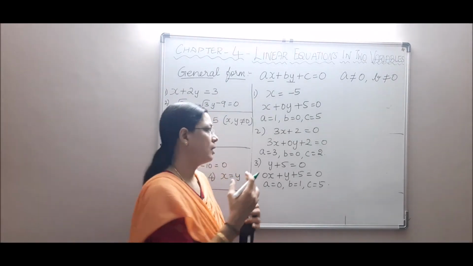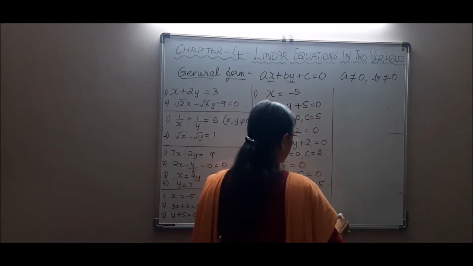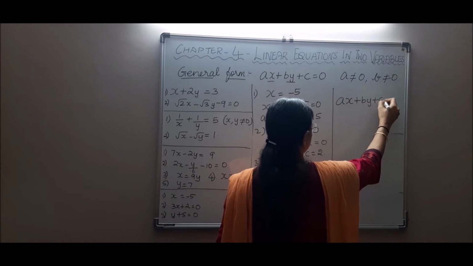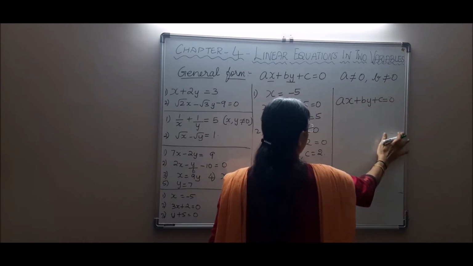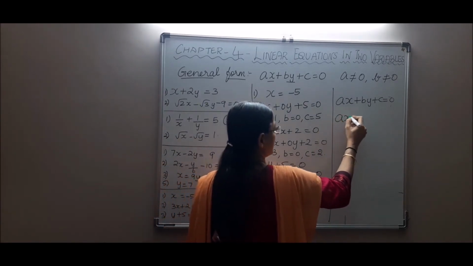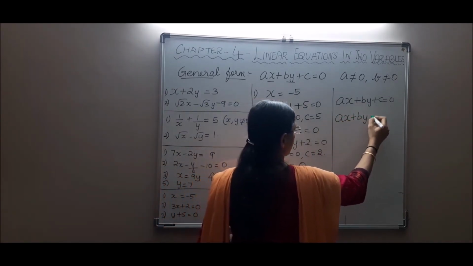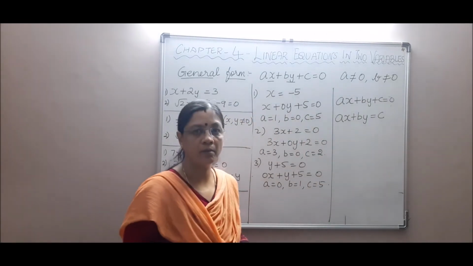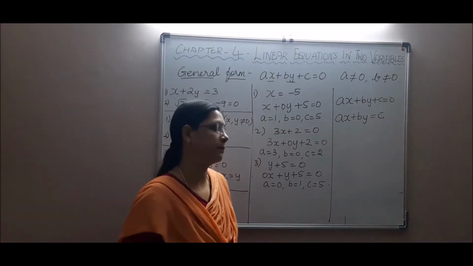So whenever I write the general term ax plus by plus c is equal to 0, and I told you this can also be written as ax plus by is equal to c, because bringing it to that side, minus c becomes plus c.